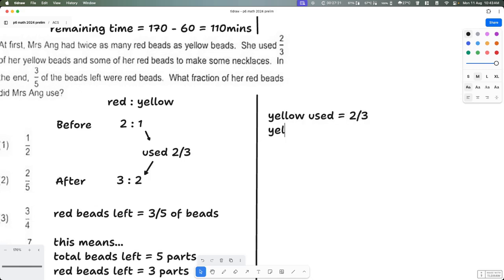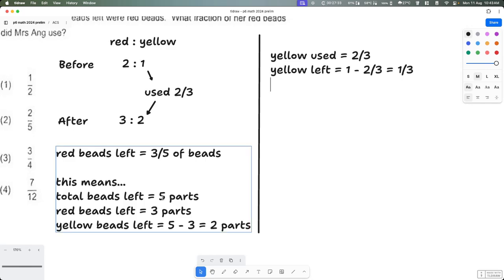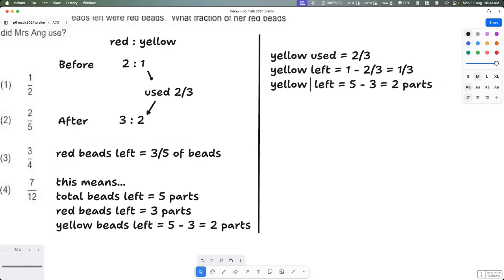So yellow left was 1 minus 2/3. This will be equal to 1 out of 3. So we also know that yellow beets left is 2 parts. Also 2 parts. So that means 1/3 yellow, 2 parts.